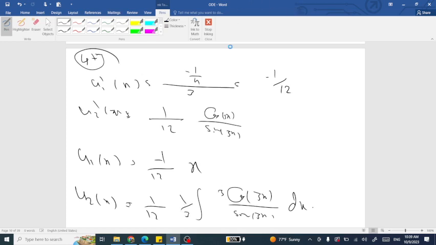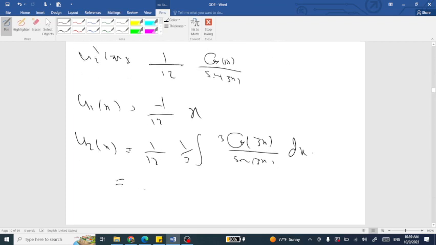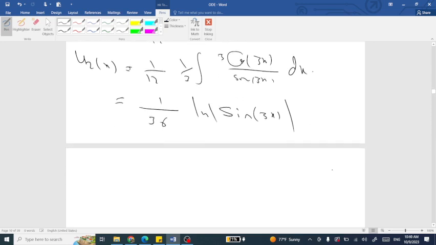So it's equal to 1 over 3 ln of sine 3x. Is that clear again? Now I got YP, which is equal to 1 over 12 x. What else?